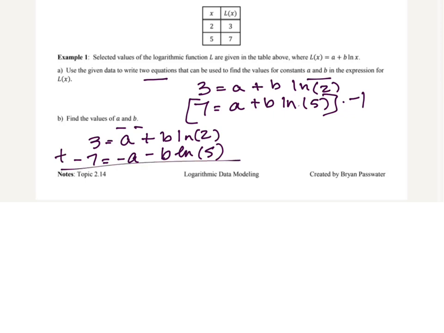Stack them and add them. Cancel a. b is attached to that natural log. So it's not going to get to cancel, but good thought there. So -4 is going to equal b natural log 2 minus b natural log 5.